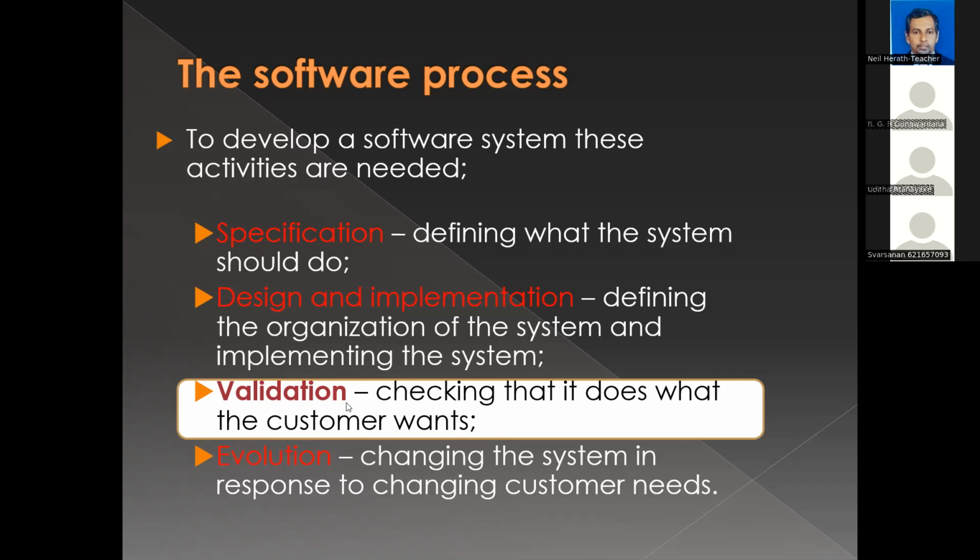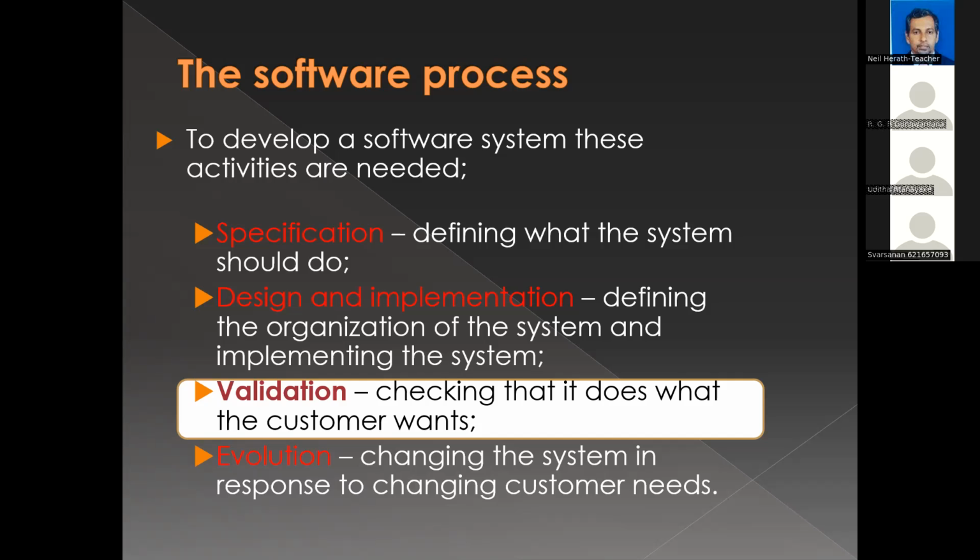Please note there are two words, validation and verification, that we use often when we discuss testing and quality assurance of software systems. The specific meaning that is associated with validation is checking whether your system does what the customer wants.